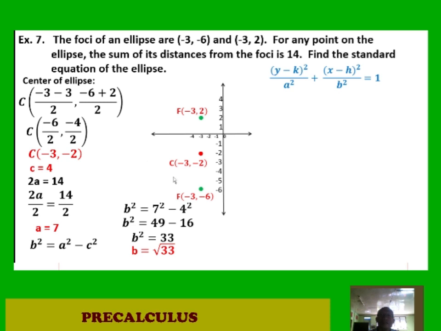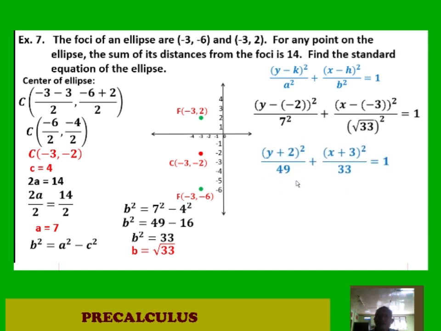Okay, so we will use the standard equation of the ellipse for this orientation of the ellipse, where the major axis is vertical. Substitute k is equal to -2, a is 7, h is -3, b is square root of 33.